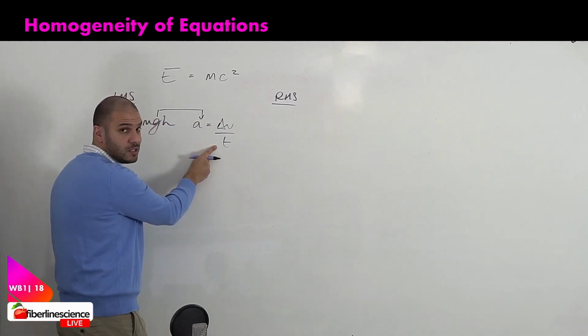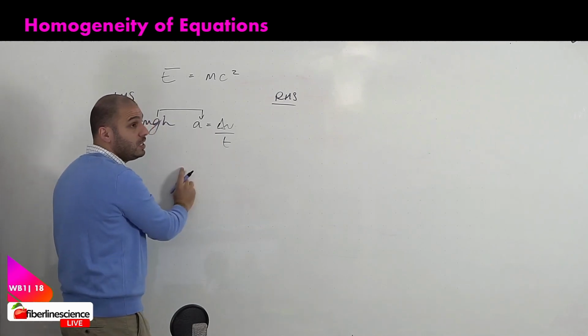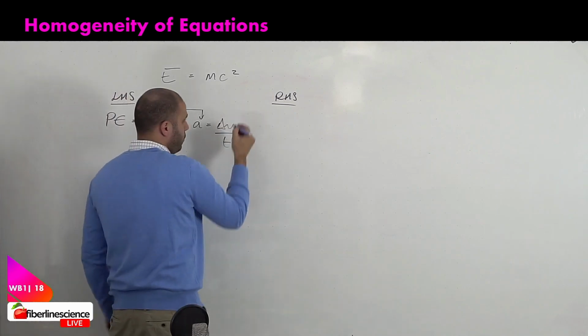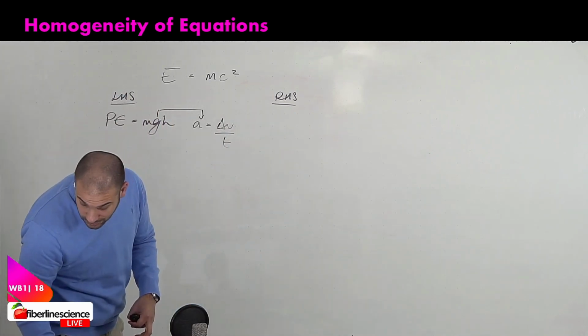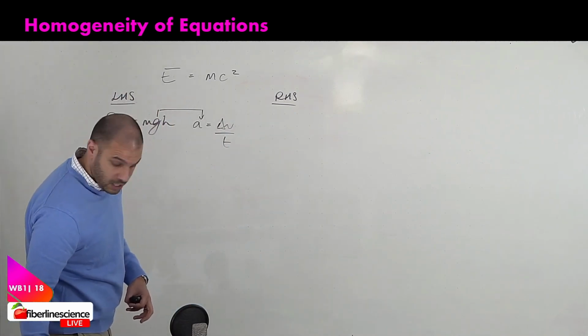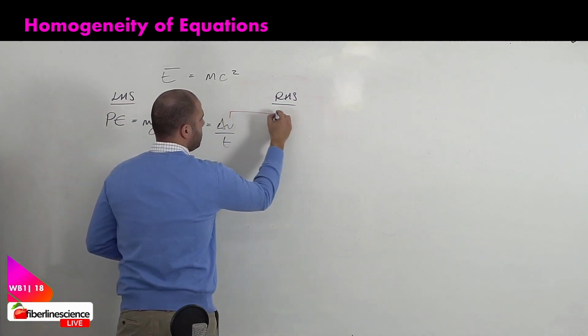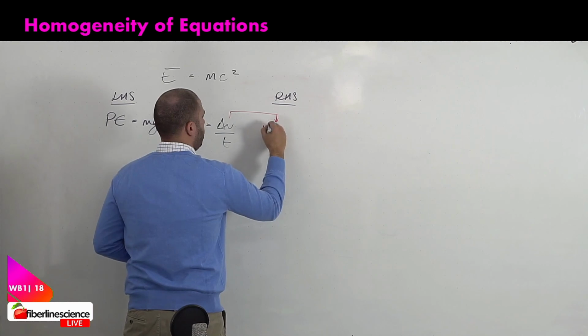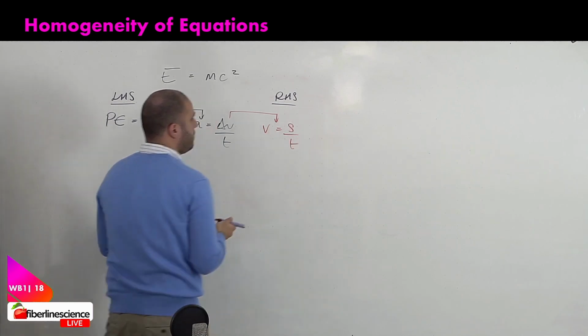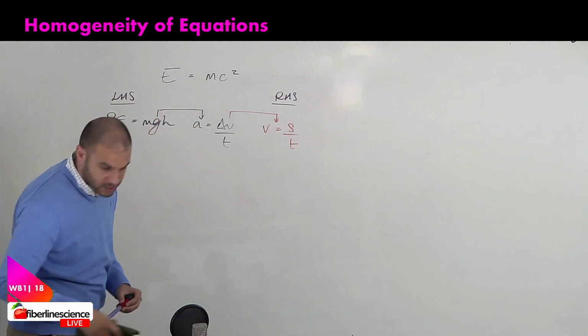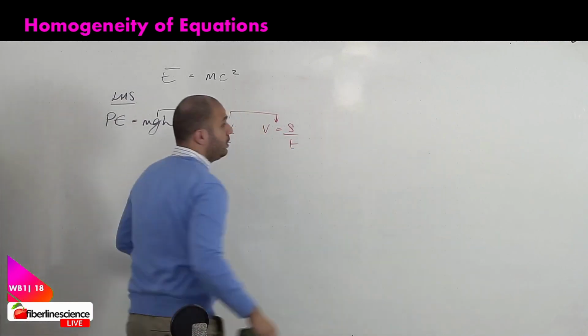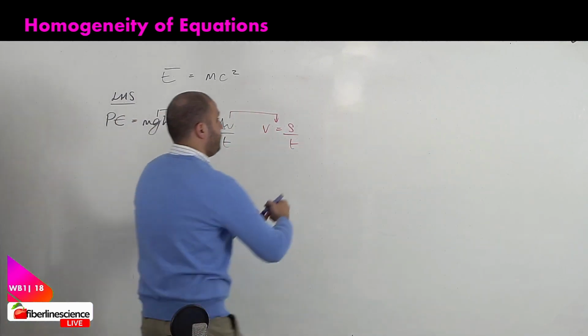Time is a base quantity, so it can't be broken down any further, but velocity can, because it's a derived quantity that comes from combining distance and time.